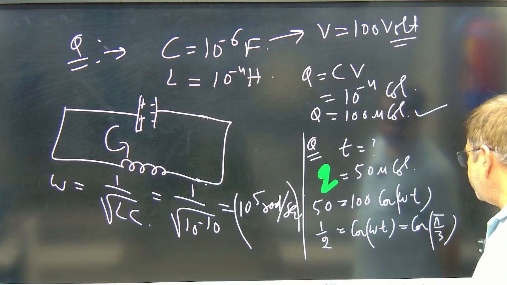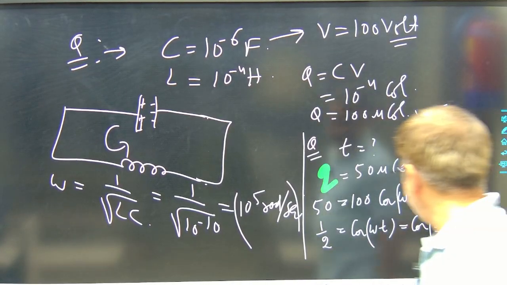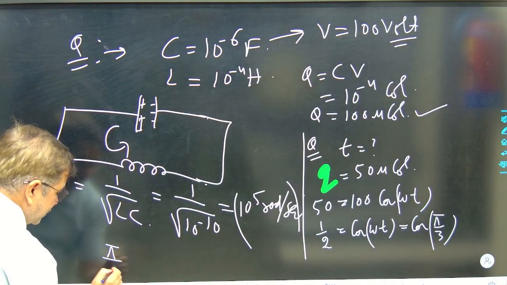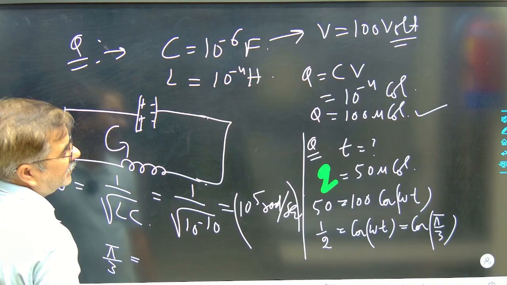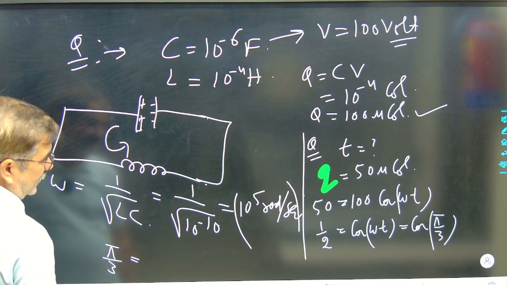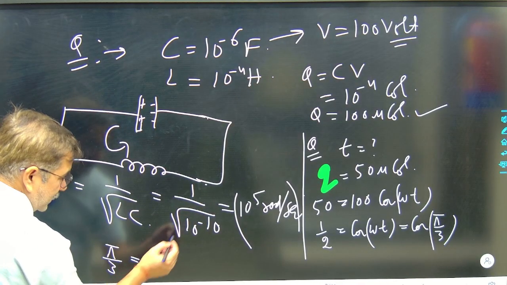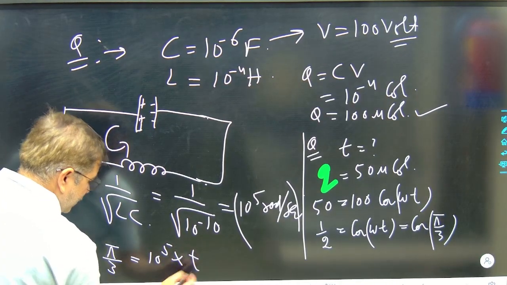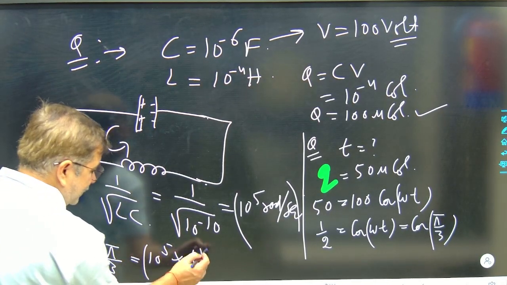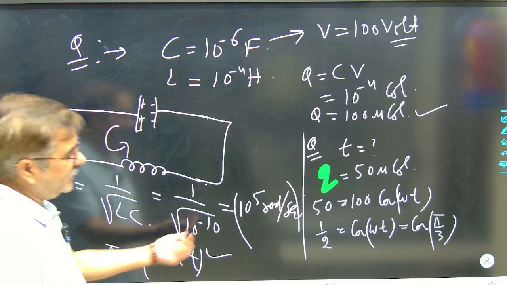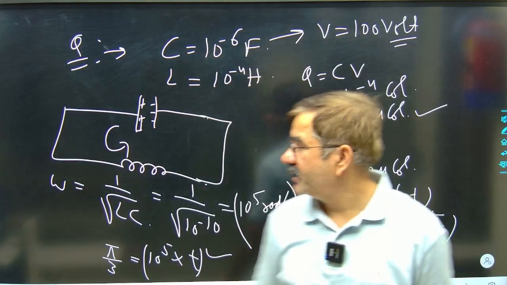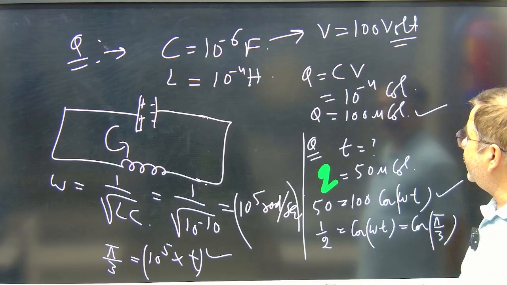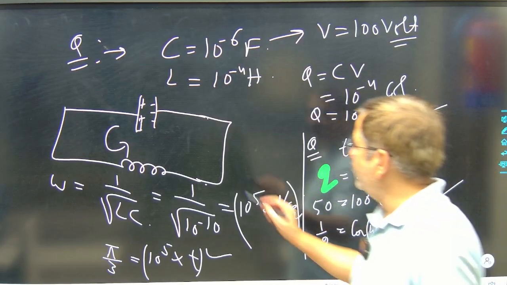So pi by 3 will be equal to omega into t, and omega is 10 to the power 5, so 10 to the power 5 into t. I can get the value of time when this will happen. Once I have the charge flow and the time, I can also get the value of current flow in the circuit.